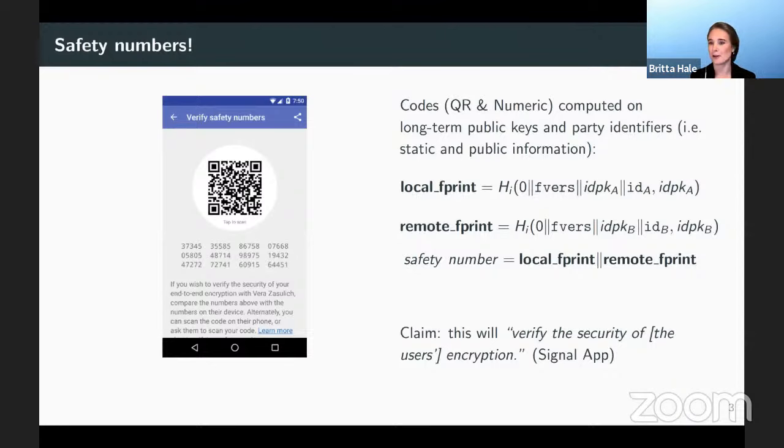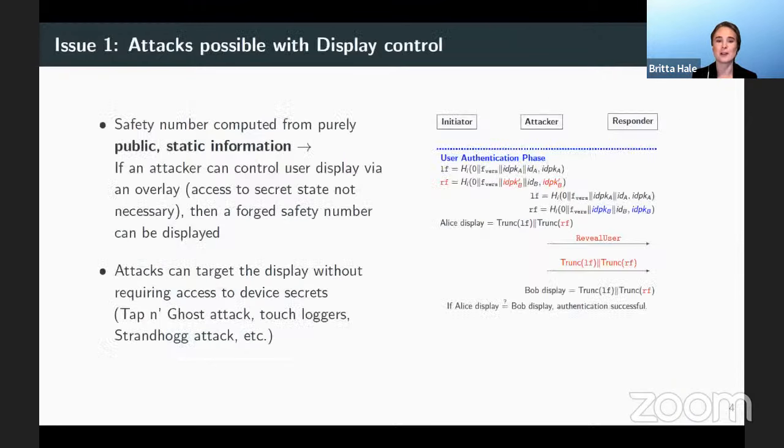But there are a few issues. First of all, these fingerprints, again, are based on public static information. So unlike with a normal mutual authentication protocol where the users are proving knowledge of some secret key, here they are proving knowledge of public static values.